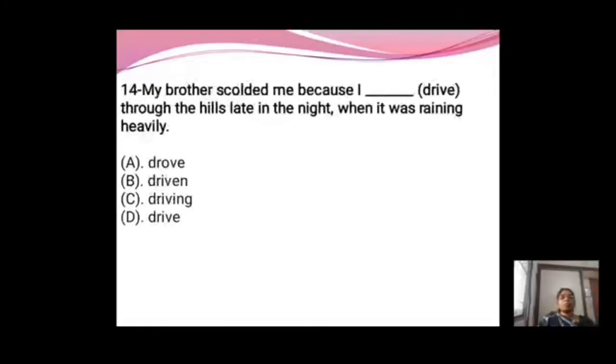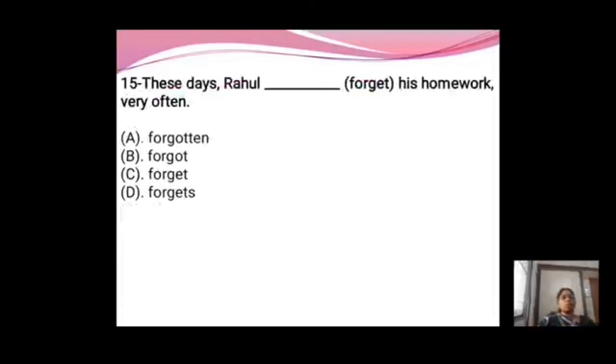14th one, my brother scolded me because I dash drive through the hills late in the night when it was raining heavily. Drove, driven, driving, drive. 15th question.